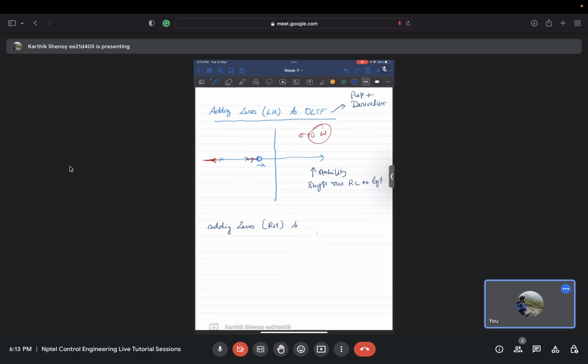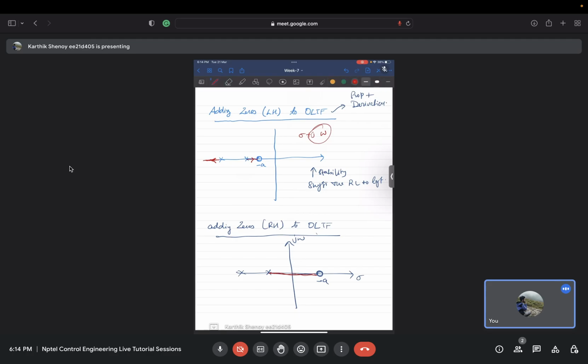There may be a gain which makes it unstable, but for the open loop transfer function, what will that do? Something like a zero here at minus a. So there is a region where the system is unstable, right? I'll show you that. This much region is unstable.